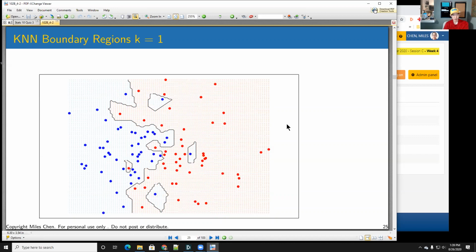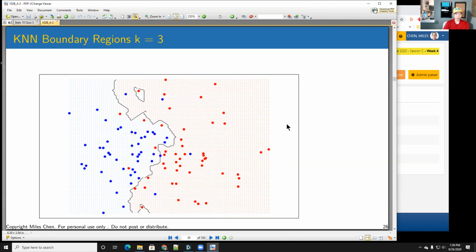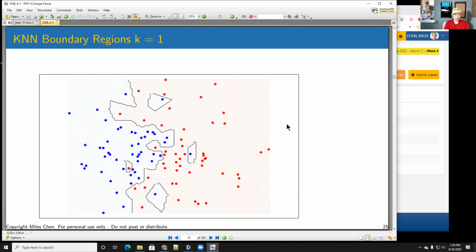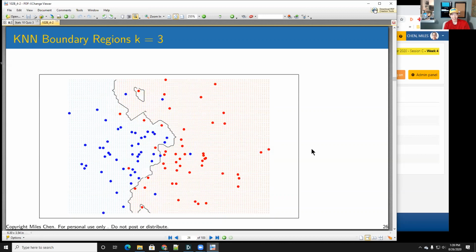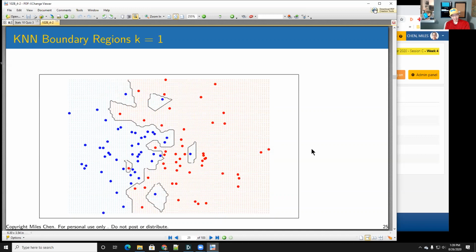Again, here's the boundary with k equal to 1, k equal to 3, k equal to 5, and k equal to 7. And so you can see the evolution of the coastline. It's almost like the effects of water erosion on the coastline.